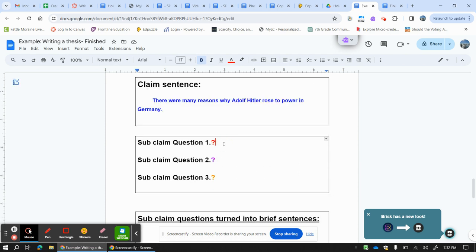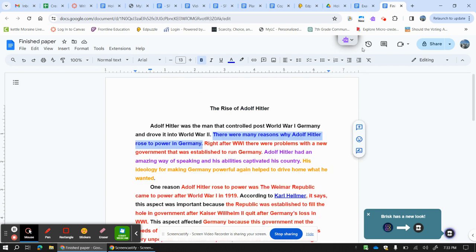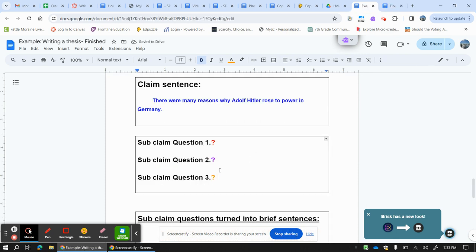Now, the first one was, how did Adolf Hitler get into the party? The second subclaim question you remember from doing this in class is, what was Adolf Hitler's ideology? And the third one that we talked about is, let me see, his speaking abilities, I'm sorry, was his speaking abilities, okay?